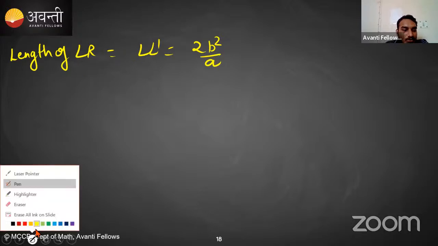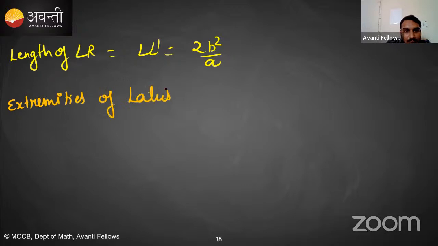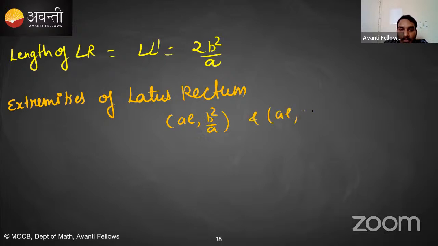And if somebody asks you the extreme points of the lattice rectum or extremities of lattice rectum, तो कितना बोलोगे? Extremities of lattice rectum means the coordinates of the extreme points of lattice rectum. They are ae comma b square by a and ae comma minus b square by a.